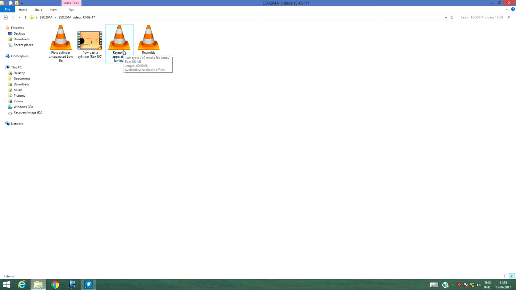I am going to play this video. This is flow through a tube where the fluid speed is on the lower side. So, if you think of the friction factor Reynolds number drawing, Reynolds number is on the lower side. So, you have friction factor decreasing with Reynolds number, but there is no effect of roughness.